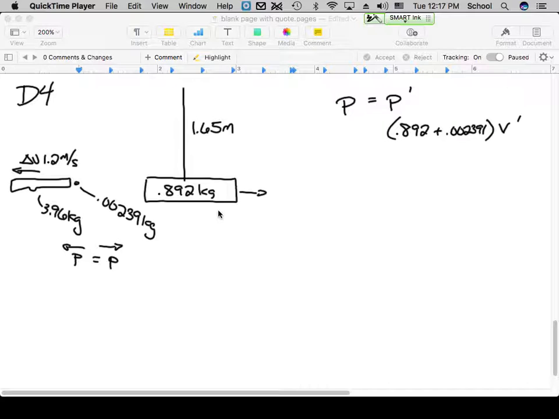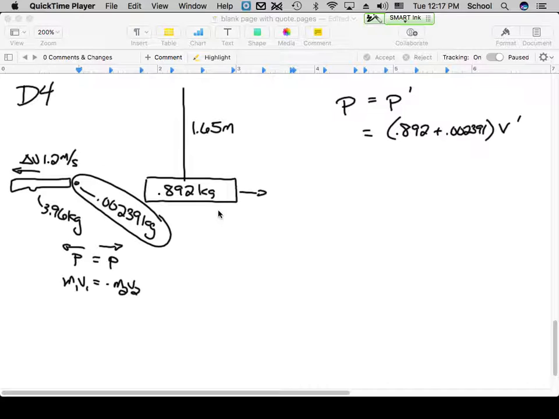So you could skip this step entirely, or you can use the explosion equation and say M1 V1 equals negative M2 V2, and we can solve for that. Or we can just say, hey, the momentum in the rifle is equal to the momentum in the bullet, which is equal to the momentum before they collide over here.